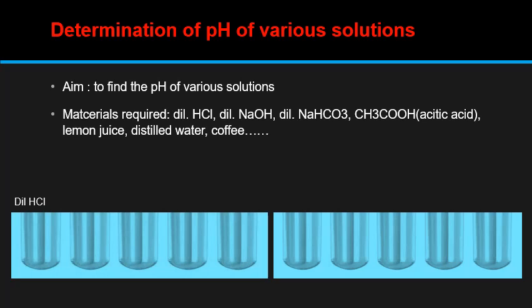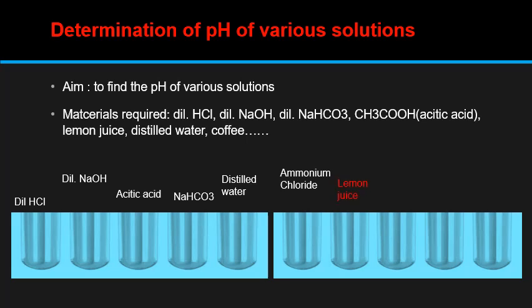In the first test tube, take 2 ml of dilute HCl. In the second, take dilute sodium hydroxide, and in the third, acetic acid, that is vinegar, and then sodium hydrogen carbonate, distilled water, ammonium chloride, lemon juice, carrot juice, banana juice, and aerated drinks, that is soft drinks, cool drinks. These are taken in test tubes.